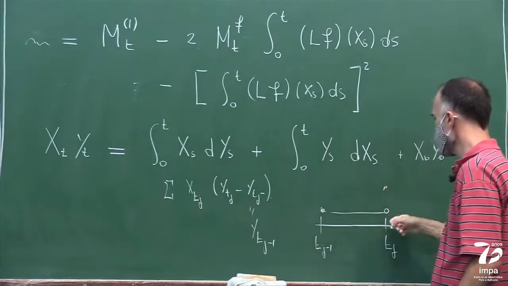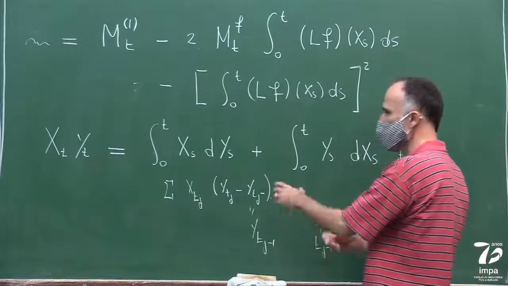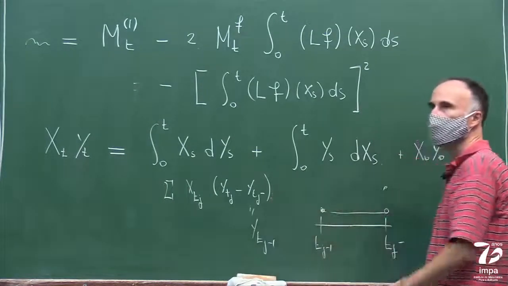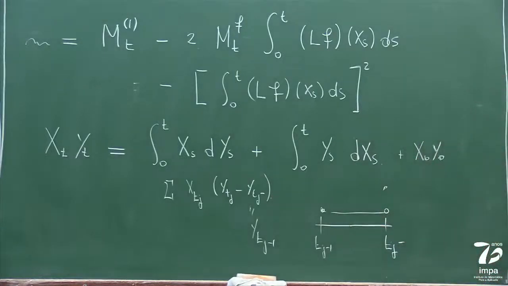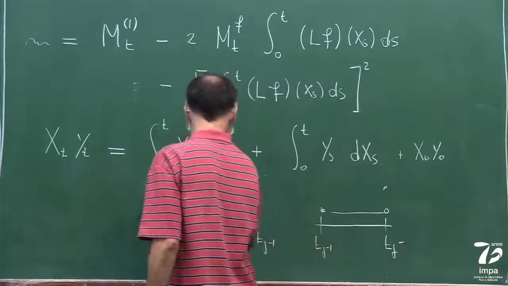Here it may be a jump. So the value at the left corresponds to the value of this, and this will get you a telescopic sum, to get that these two integrals will give you the difference between x_t y_t minus x_0 y_0. Okay?